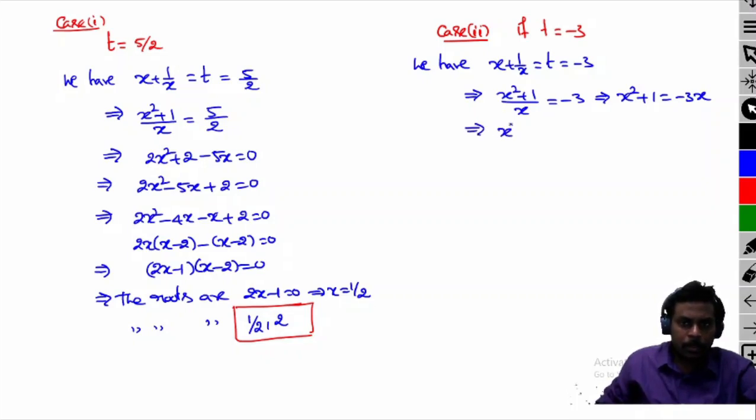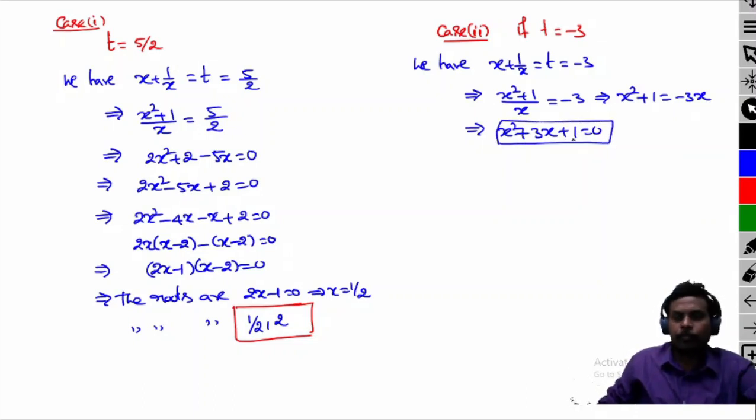So it is going to be x square plus 3x plus 1 is equal to 0.